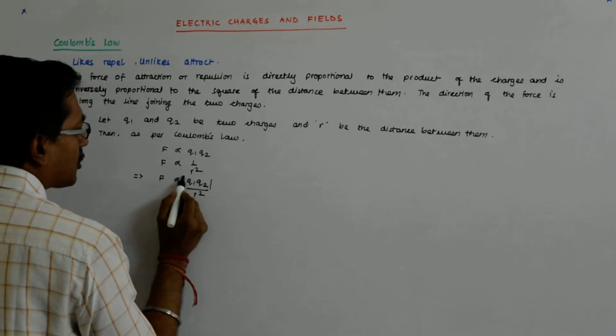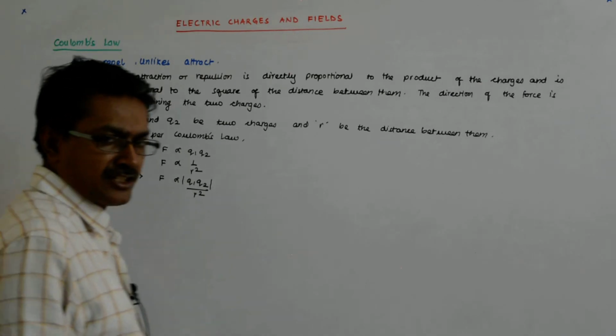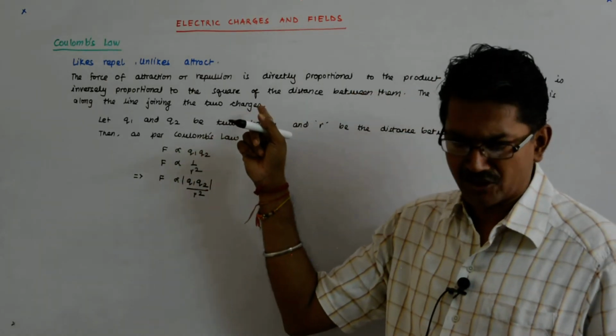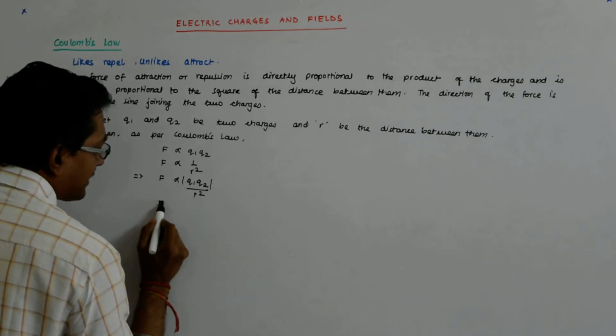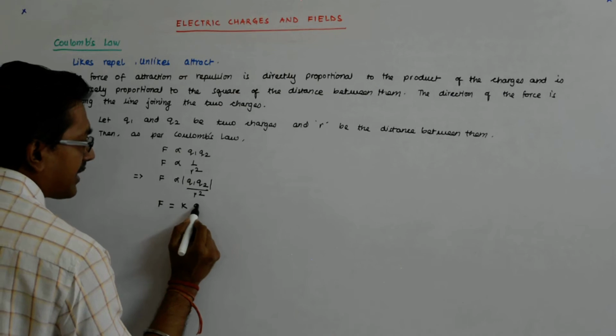Currently we are talking about the magnitude, so I put a mod here, right? The direction part is separately ingrained into the definition. When the proportionality goes away, a constant of proportionality by the name K comes in.